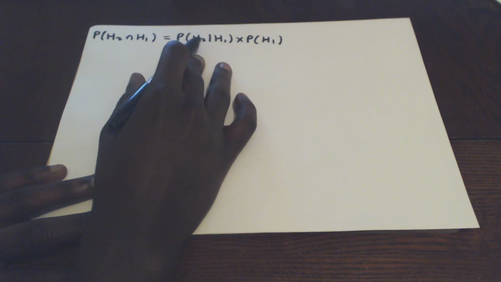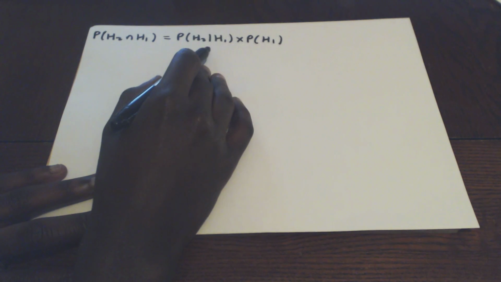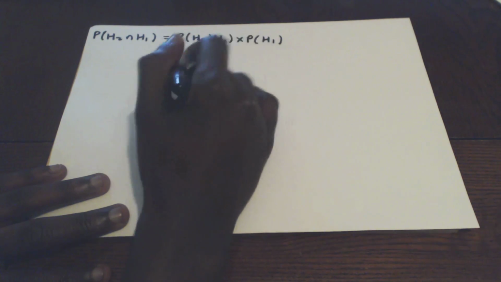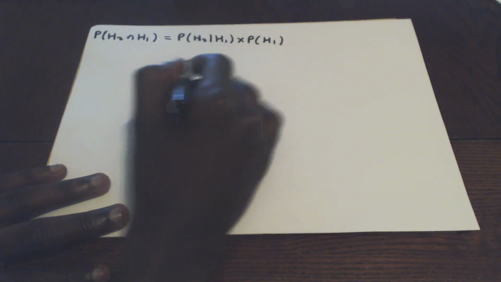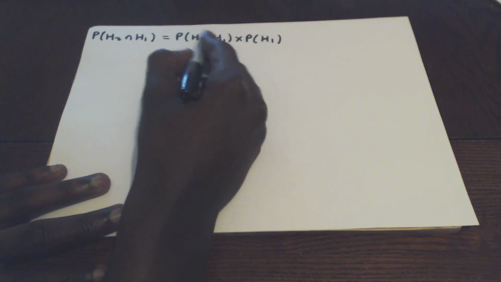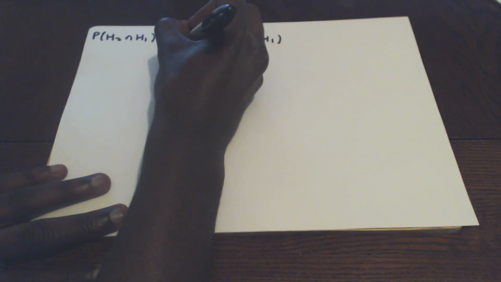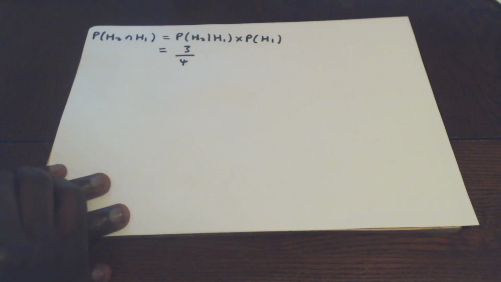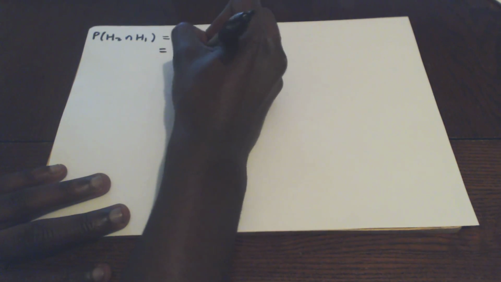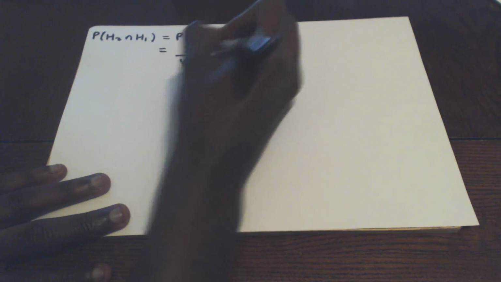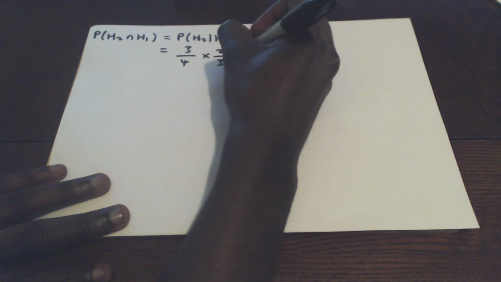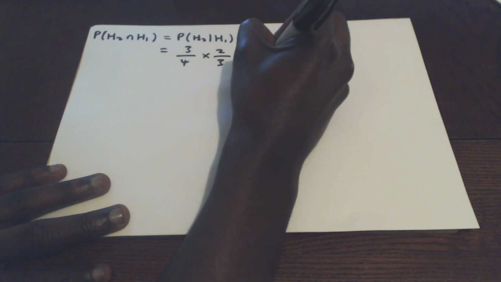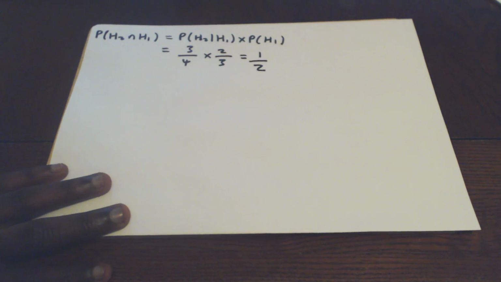So obviously this is the same as H2 intersection H1 divided by H1, and then times it by another H1, so the H1 cancels out, so it's the same as this. But we actually know what this is, because we got it from just a minute ago. That was 3/4, and we know what this is. This was 2/3. And so the 3 cancels out, you're left with 2/4, which is the same as 1/2. So the answer is 1/2, and that's what you should get.